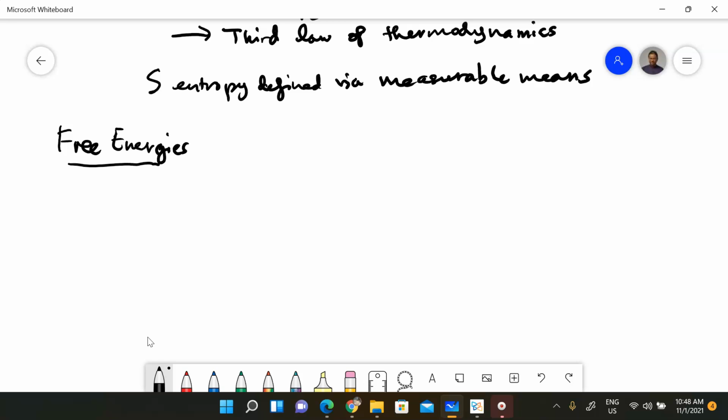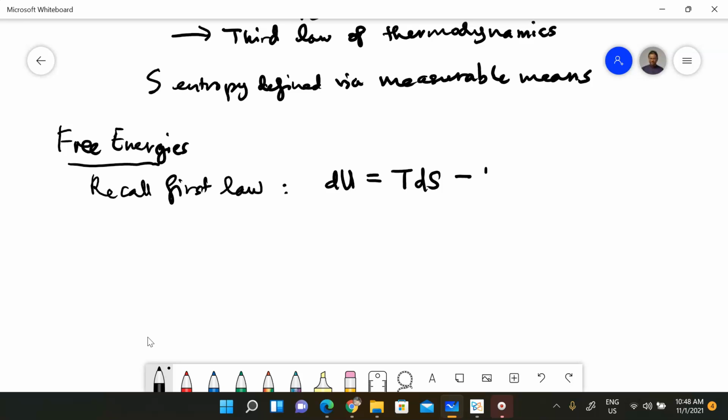So the first one is, let's recall our first law, which is written as dU equals T dS minus P dV, previously it was dQ here.